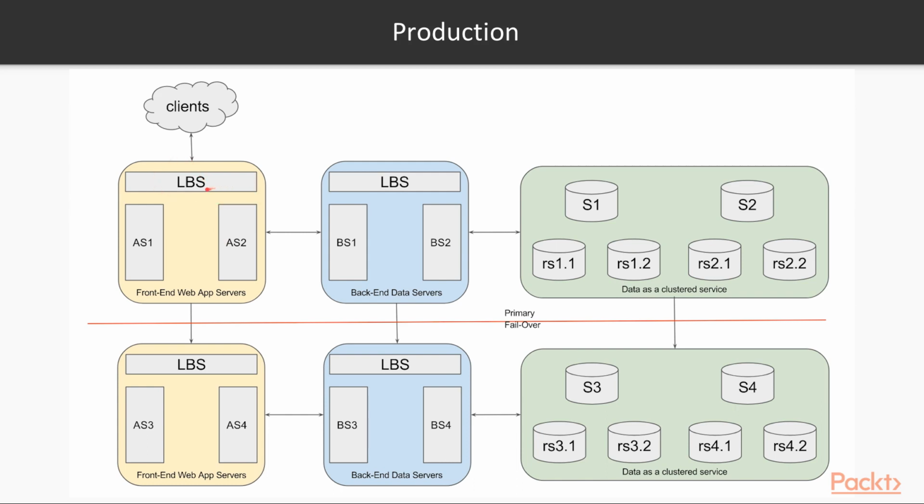And the LBS would round robin traffic coming from the clients to application server 1 or application server 2. In some configurations, in some shops I've worked at, the LBS would route all traffic to application server 1, but if application server 1 failed or went offline for whatever reason, the LBS would start routing all requests over to application server 2. So the point is that even for the front-end web app servers, you have redundancy and failover.